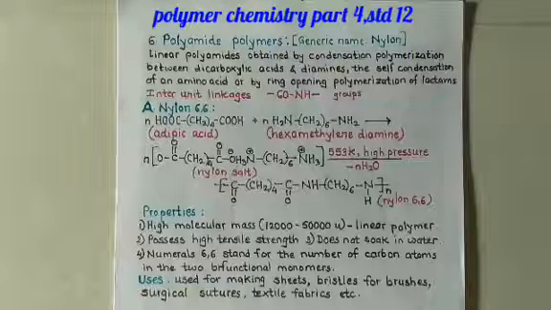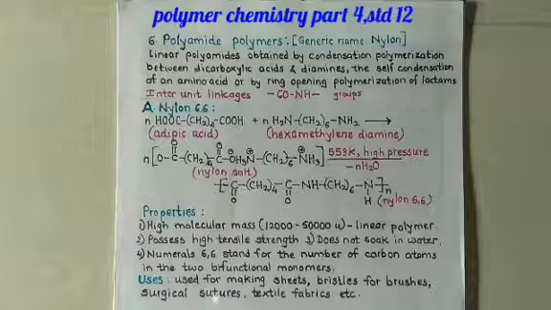So this 6,6 comes from 6 carbon atoms present in the adipic acid and 6 carbon atoms present in the diamine. So it becomes 6,6, nylon 6,6.